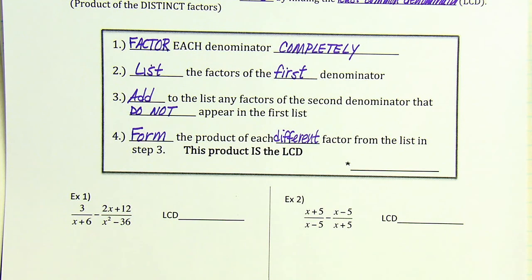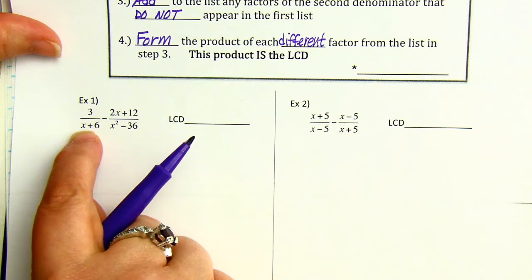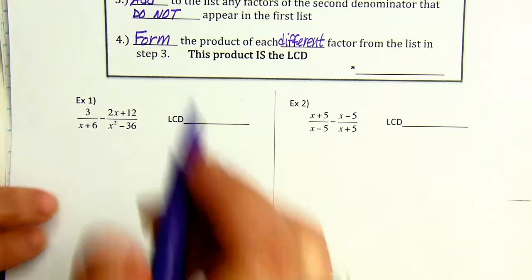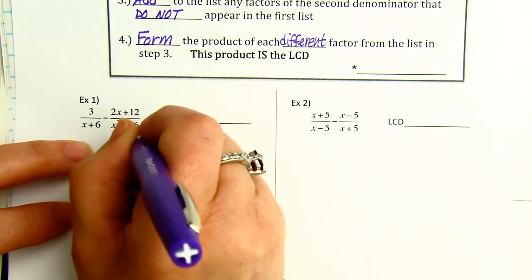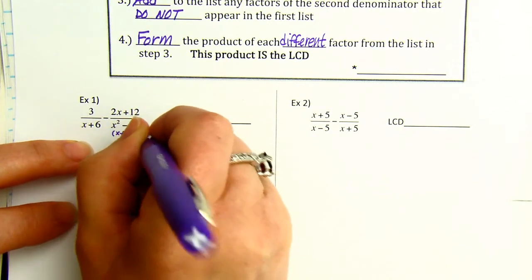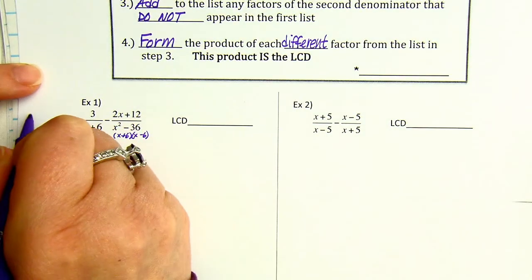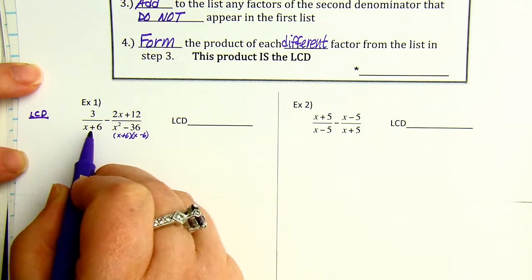All right, so let's take a look at example 1. I've got an x plus 6. Folks, I can't factor that anymore, but this is a difference of squares. It factors as x plus 6 times x minus 6 for this particular case. My least common denominator: you need everything in the first denominator.